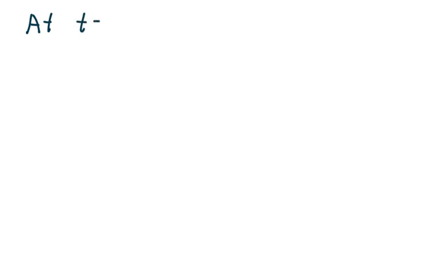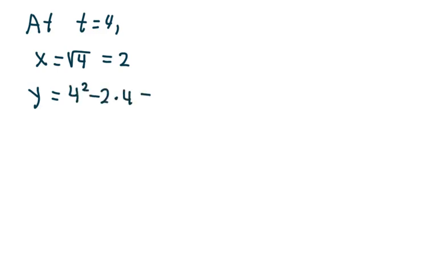At t equal to 4, x is the square root of 4, which is equal to 2, and y equals 4 squared minus 2 times 4, which is 16. So we have the point (2, 16).